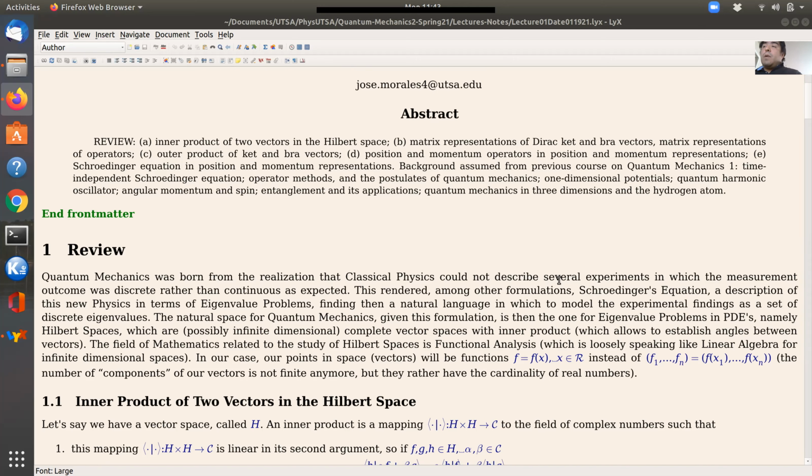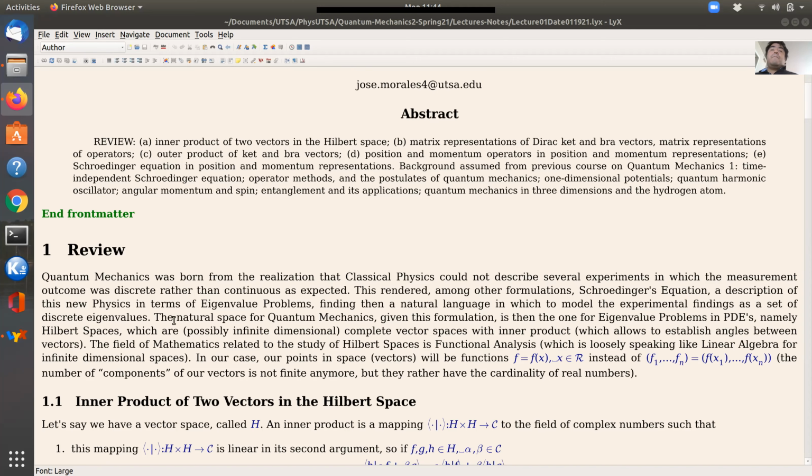Schrodinger's equation is a description of this new quantum physics in terms of eigenvalue problems, because the experimental outcomes were discrete. And then you find a natural language in which to model these experimental findings as a set of discrete eigenvalues. That's why, in a way, this kind of PDE is important for the description of the findings of quantum mechanics.